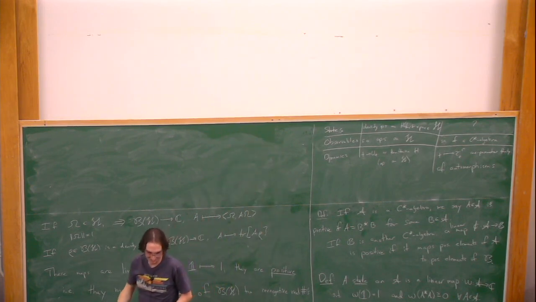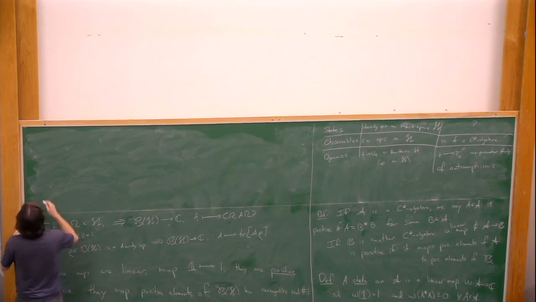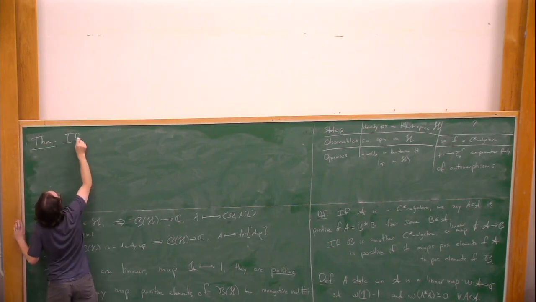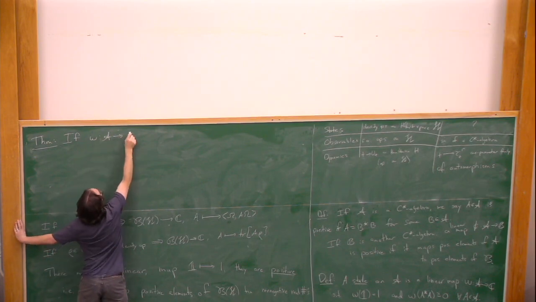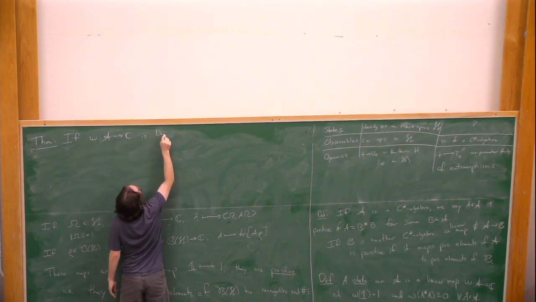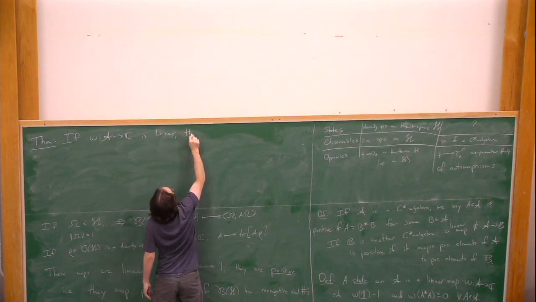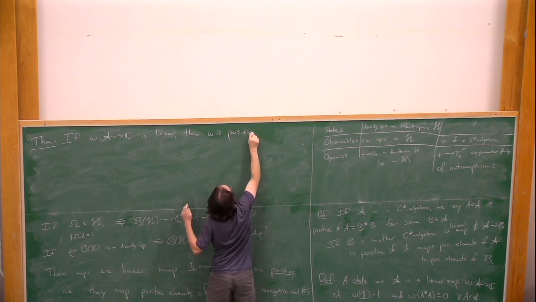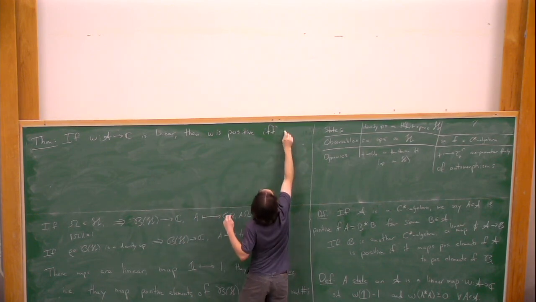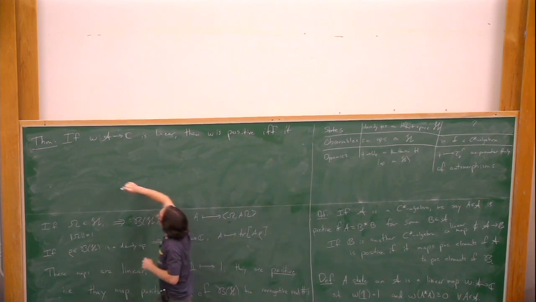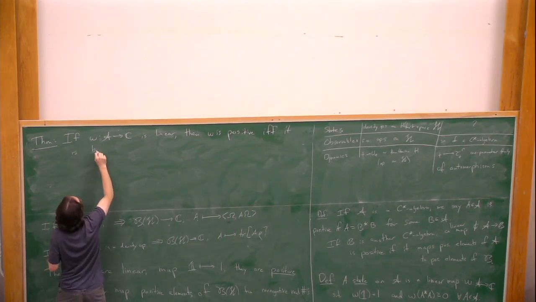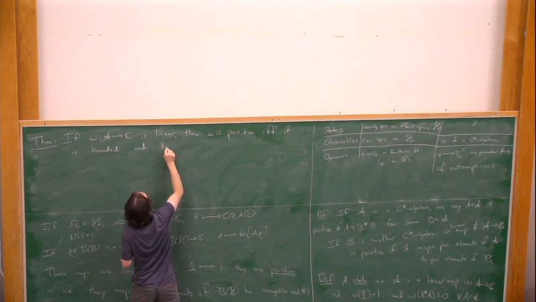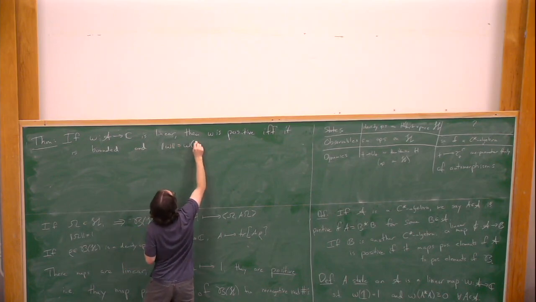All right. Behold, the magic of C-star algebras. Omega is positive. A linear map is positive if and only if it is bounded and its norm is equal to its value at the identity.